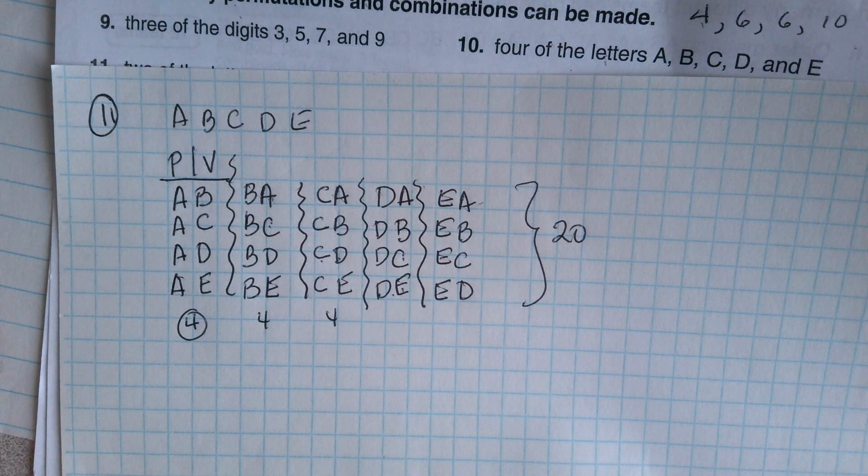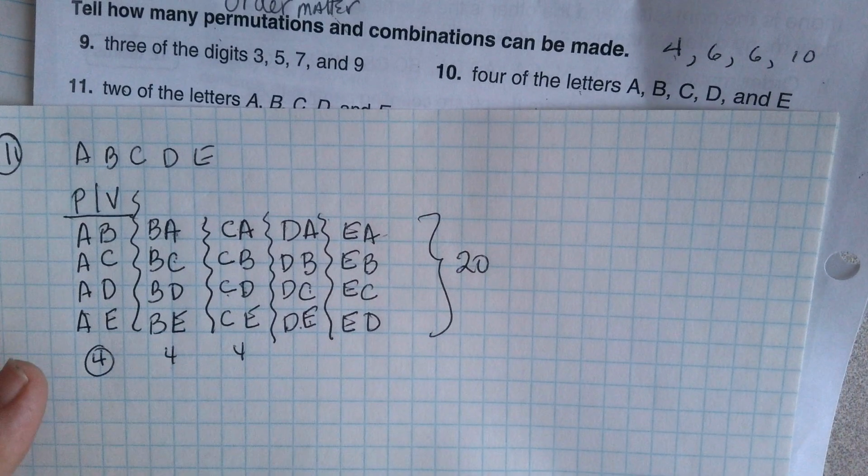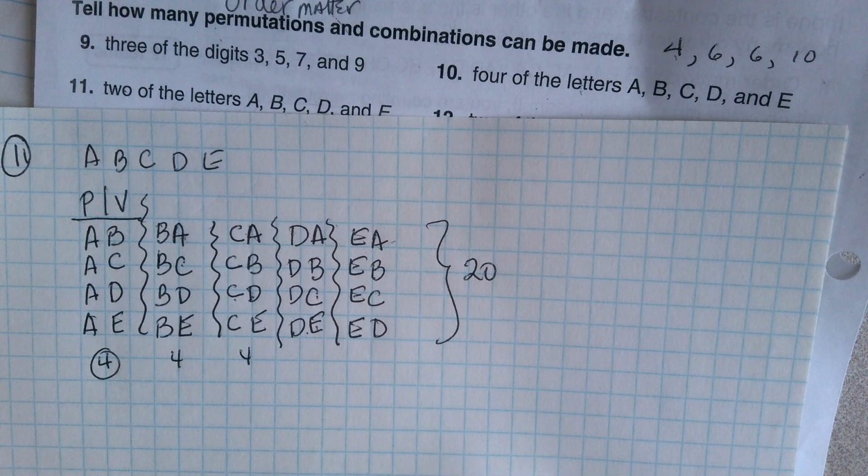Right. Let me see if there's another one that's a small one. That's 20. Oh yeah, here's another small one. 2 different ways. Okay, let me go do this. Then, the shortcut way for a permutation is one of the easiest if the order matters.